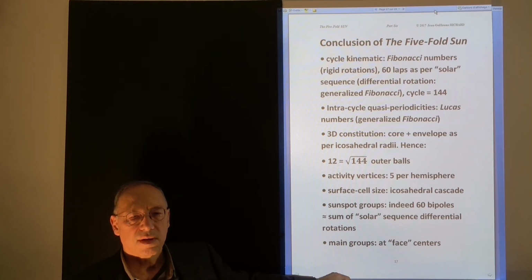These groups are longitudinally spread according to the distribution shown today.